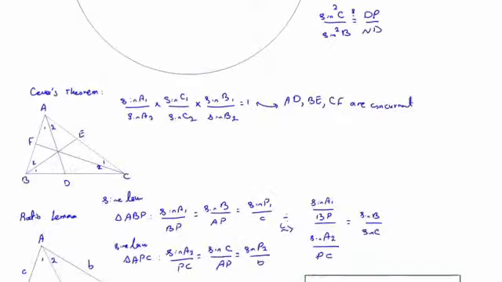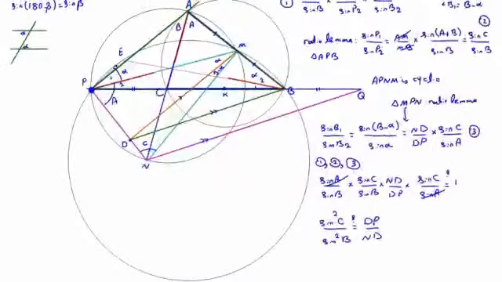Okay. Now if you use it here, let me tell you in which triangle. If you consider this triangle, this one, let me show the greater one, in this triangle and for this line, because these two are parallel to each other, we can say ND over, and DP over.